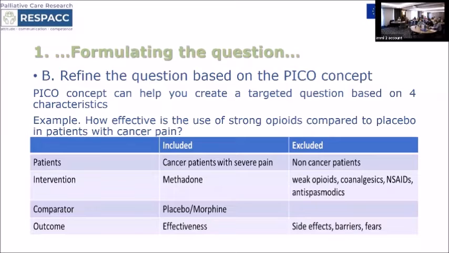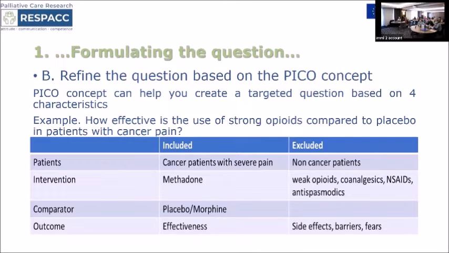Okay, this is what you formulated as your search question. Is somebody else having another search question? Yes? Is methadone more effective than morphine in treating chronic pain for cancer patients?